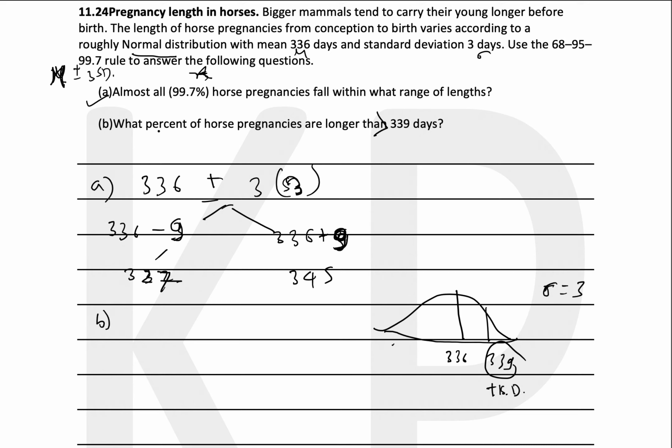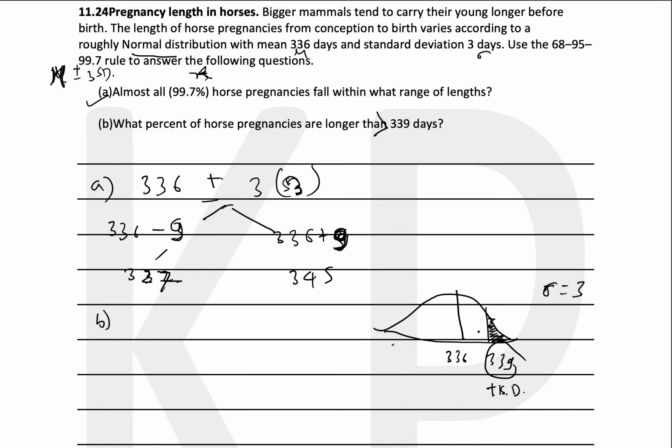And they are asking us what percent of horse pregnancies are longer than 339. So our area of interest is this particular area. So how do we find that area?